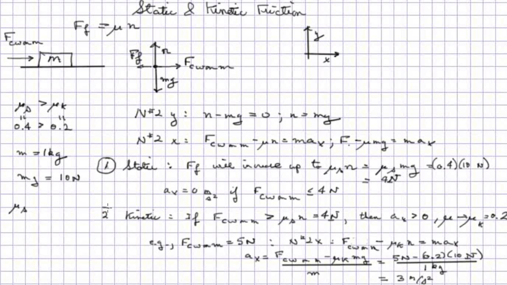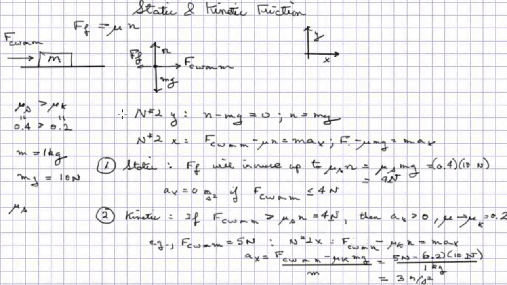We haven't particularized the mu to mu sub s or mu sub k yet, but we're just about to. There are two cases to consider here: the static case and the kinetic case. In the static case, the idea is that static friction will continue to increase up to a maximum amount, given by mu sub s times N. In our case, mu sub s is 0.4 and the weight of this 1 kilogram mass is 10 newtons, so that equates to 4 newtons.